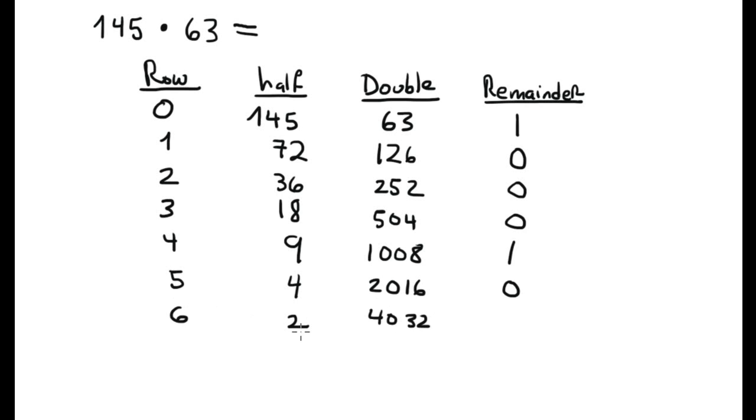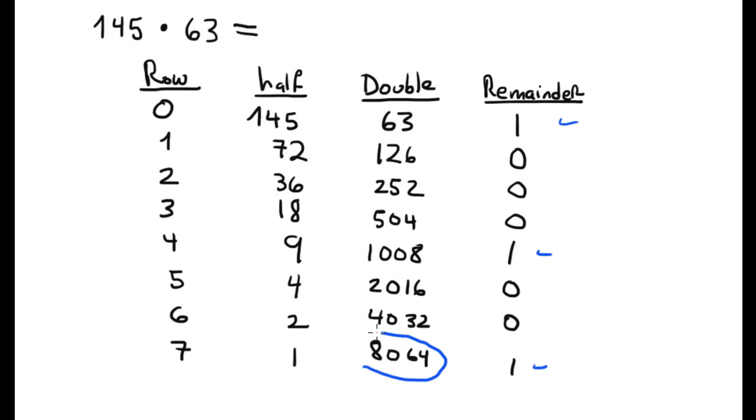Row 6. Finally, divided by 2 is 1, and no remainder, of course. And 1 in the final. And duplicating this is 8064. That's row 7. Okay, now I'm taking the numbers with remainder 1, only this and this.